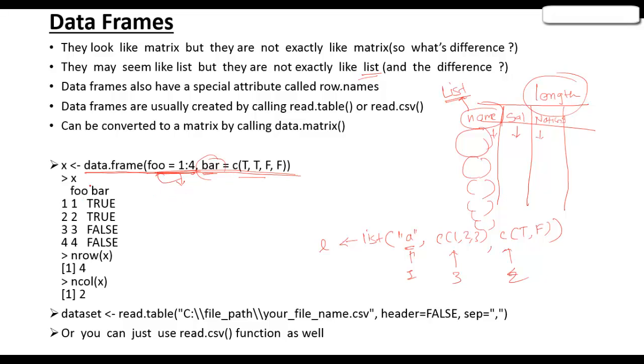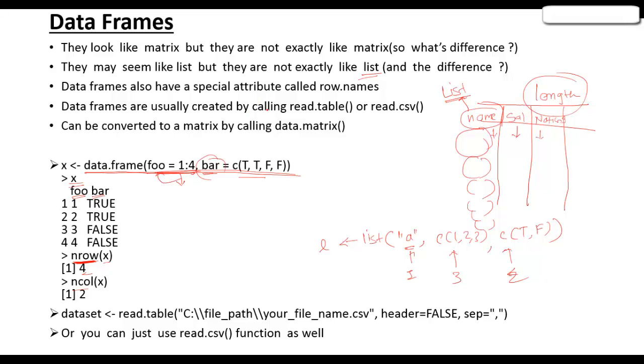So now if we are printing X, then we are getting FOO and bar as columns, right? So this is the nrow method. When we pass a data frame inside this method, it will give the number of rows, and ncol will give you the number of columns. Pretty much straightforward.